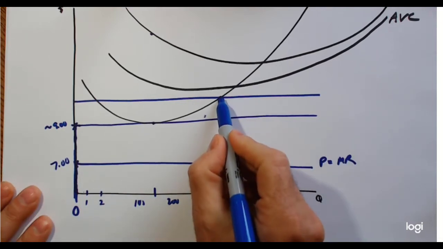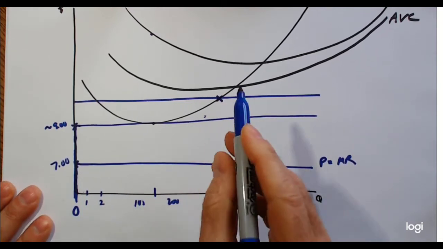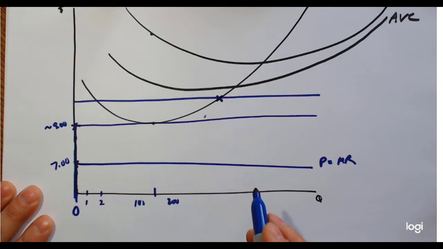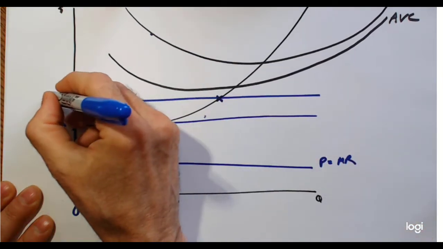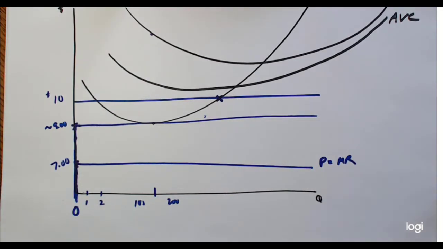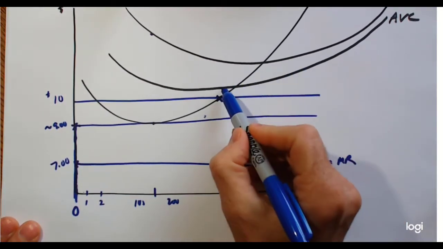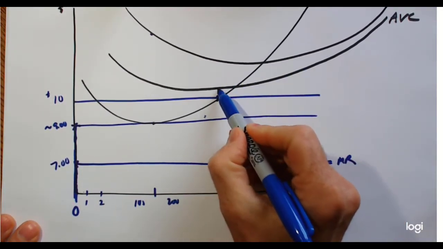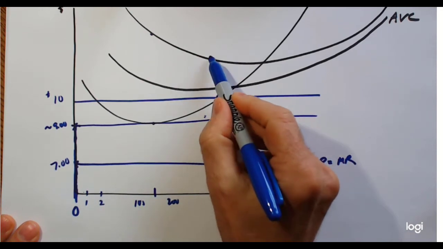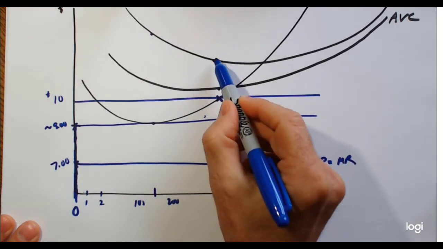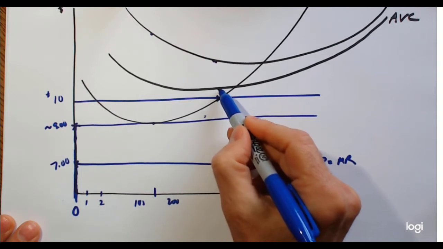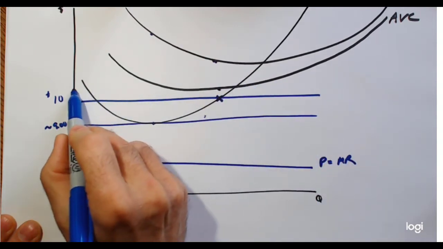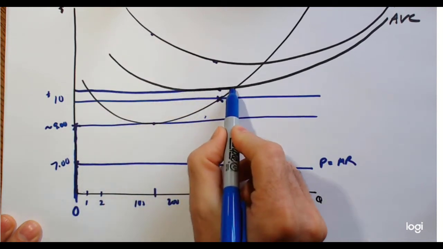Should we produce at this point? Let's say it's $10. Should we produce at 10? Well, again, we're not even covering our average variable costs at this point. Here's our average total, it's way up here, and we're not even covering our average variable, so that's not good.